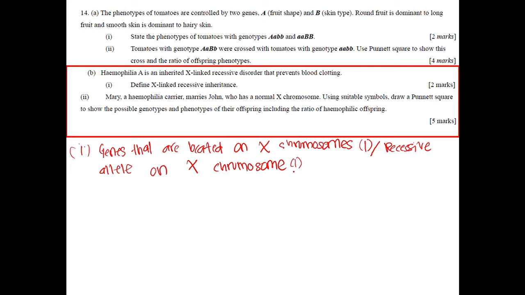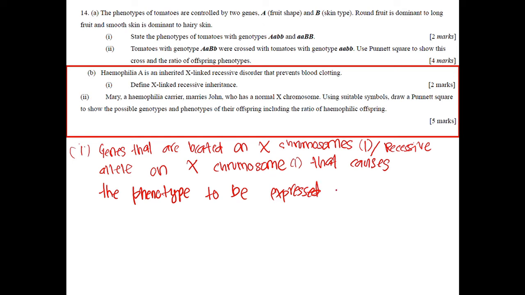So markah kedua terdapat nota, so salin sambung sini, that causes... Okay, so hemizygous ni maksudnya because in males they only have, ataupun receive, one copy of the X chromosome.